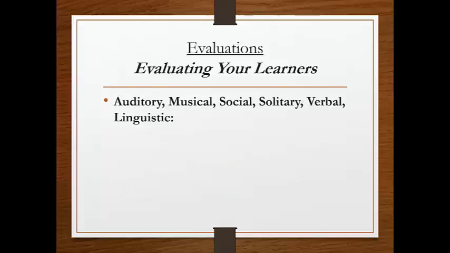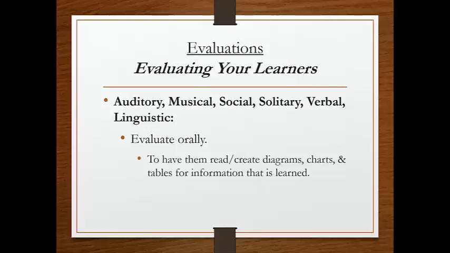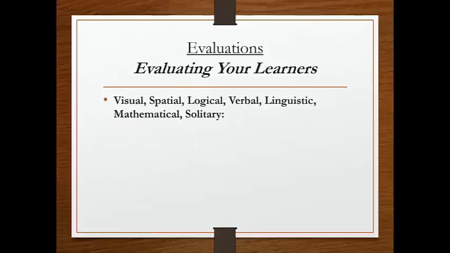The next learning styles we want to look at are the auditory, musical, social, solitary, verbal, and linguistic. If their strong suit of learning is in this style, then you want to evaluate orally. If you're wanting to strengthen this learning style, have them read and create diagrams and charts and tables for information that's learned.